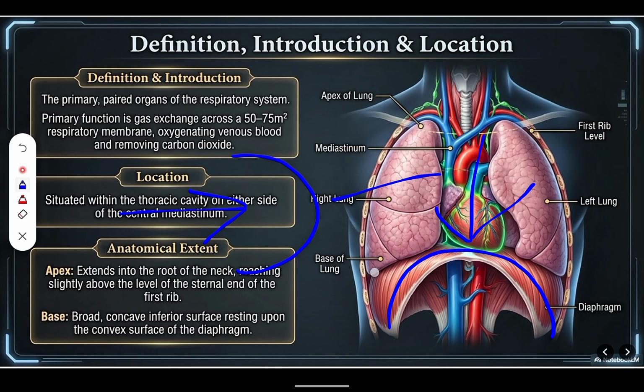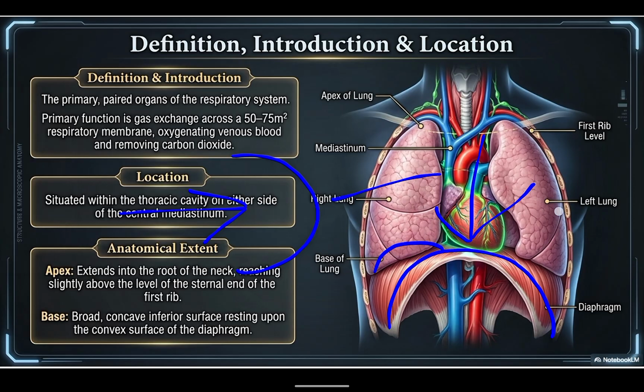The concave base of the lungs rests on the convex surface of the diaphragm, or you can just say the base of the lung is broad and it rests on the surface of the diaphragm.